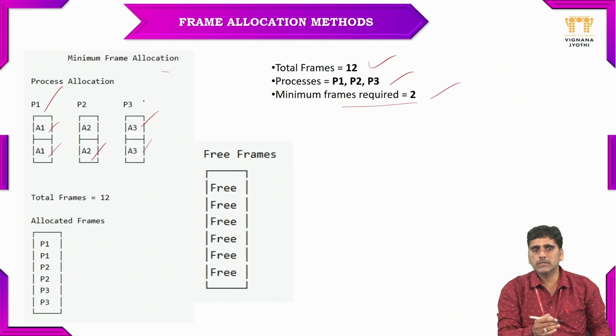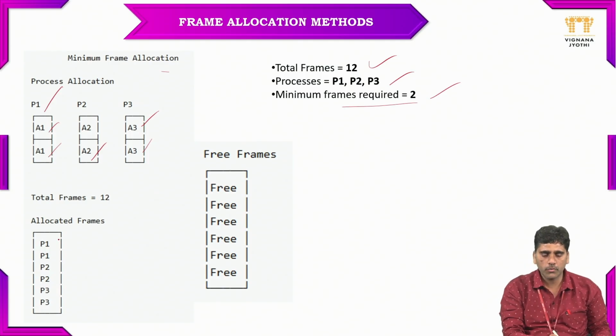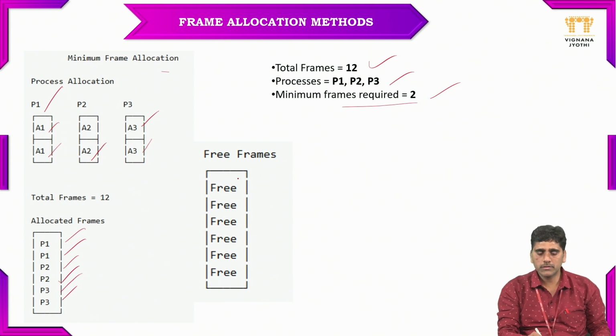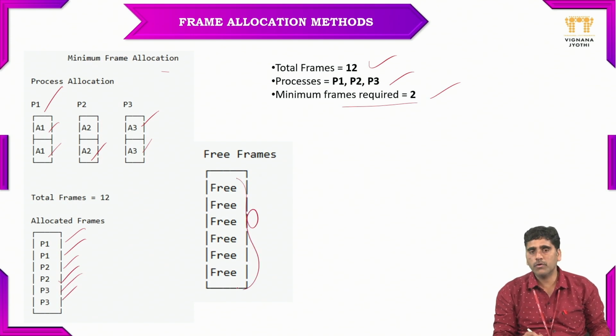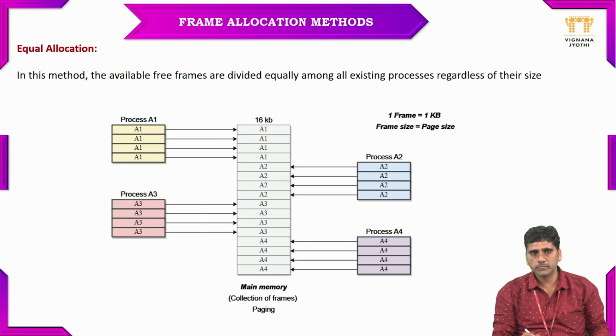So a total of 6 frames are occupied. This is the allocated frames structure, and the remaining frames are the free frames that are available for distribution depending upon other policies. These are the 6 free frames available.